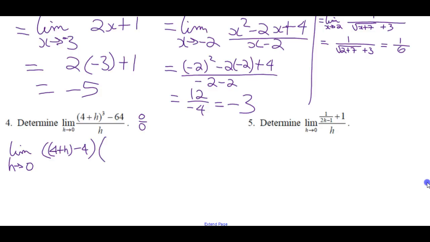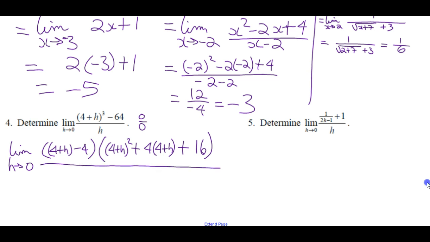And then it's a squared, so it's 4 plus h squared. And then the opposite sign, so we got a plus. And then it's ab, so that'll be 4 times 4 plus h. And then it's b squared, so that'll be 16, over h.